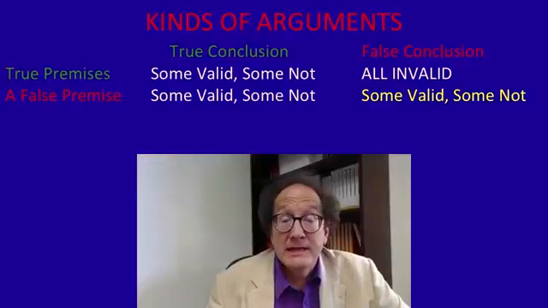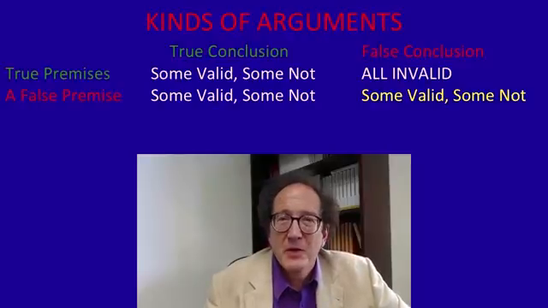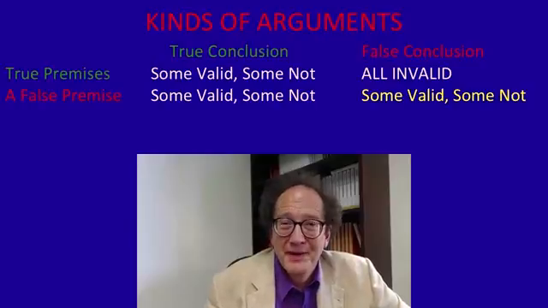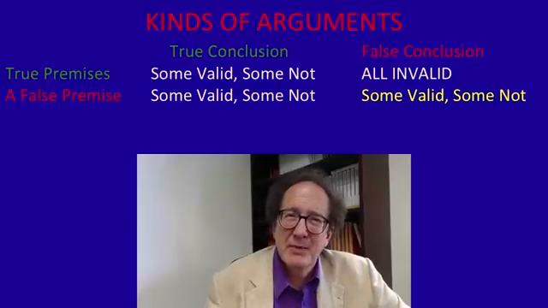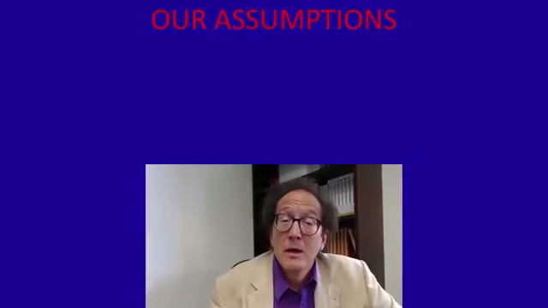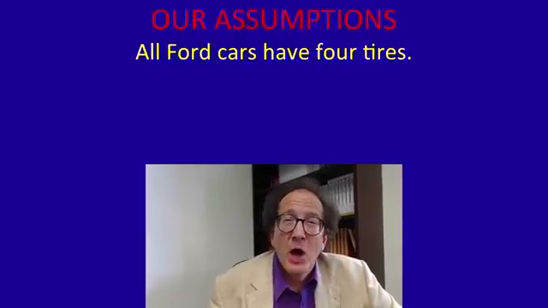It's hard to give examples with true premises and false conclusion or any of these other combinations when the truth is controversial. So we're going to have a really simple example, and we're going to start just by stipulating what the facts are. We're going to assume that all Ford cars have 4 tires.